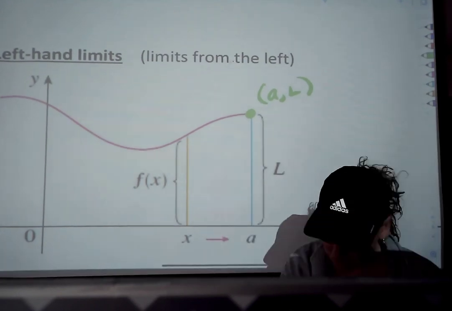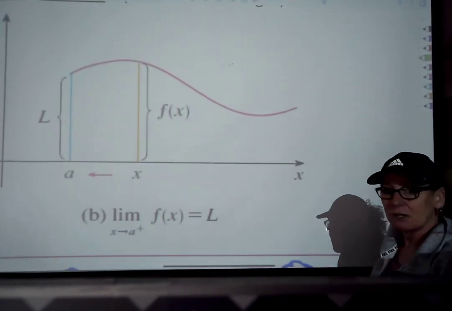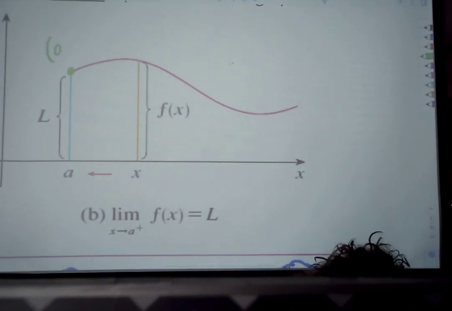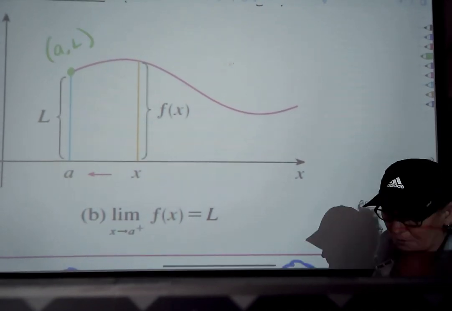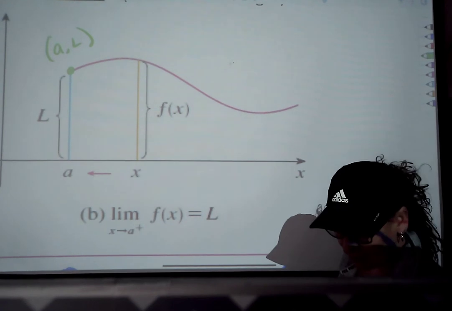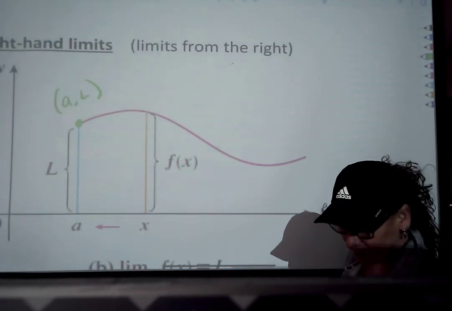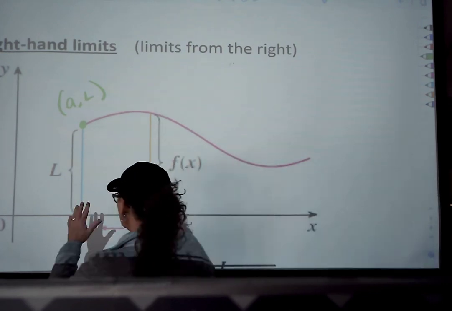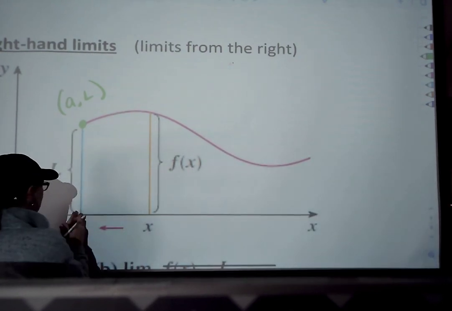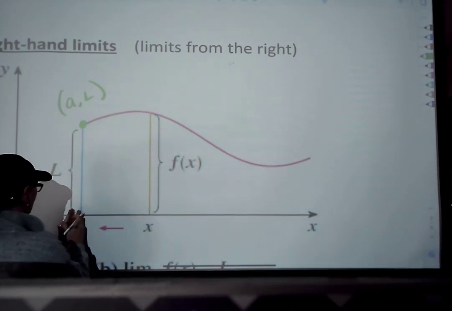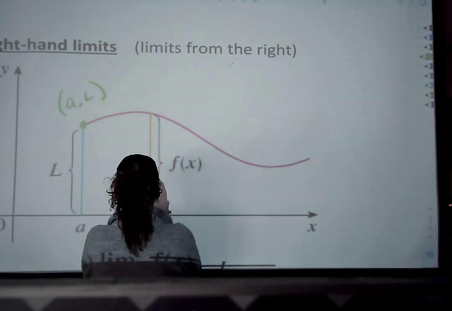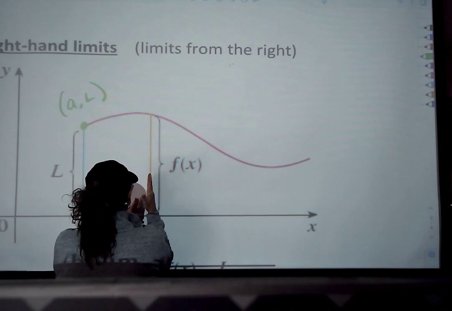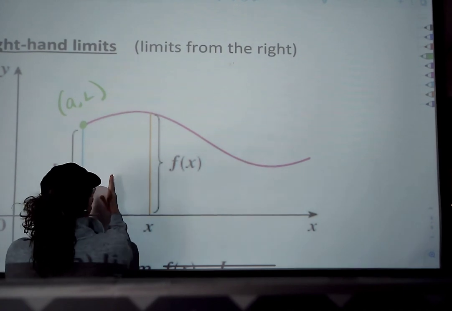Next one, let's do the limit from the right. Again, whether there is a point here or not, I really don't care, but okay, whatever, I'll make one. Let's do the limit from the right. Ready? The limit as x approaches a. So where do my eyes need to be? Well, it's all about a, but this told me to jump to the right of a. So my eyes are going to jump to the right of a, and I'm going to move backwards, closer and closer and closer to a.